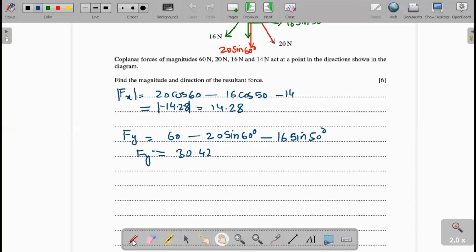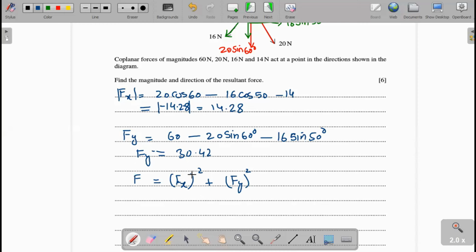Now the net force F will be equal to the square root of Fx whole square plus Fy whole square, the sum of components along the x-axis and the sum of components along the y-axis. Now we write this value.